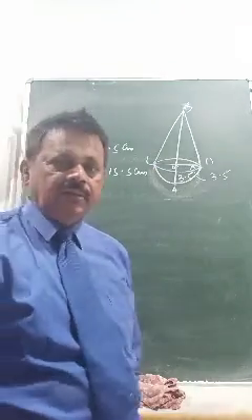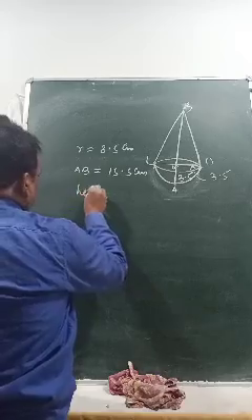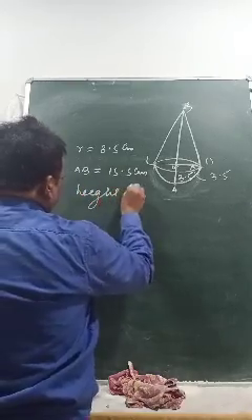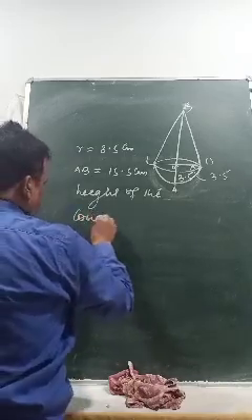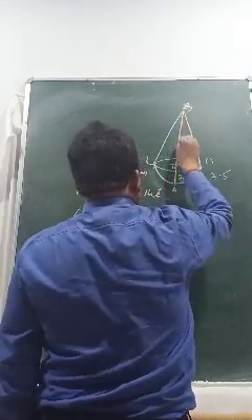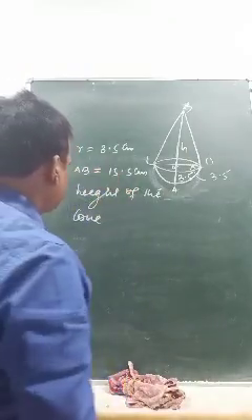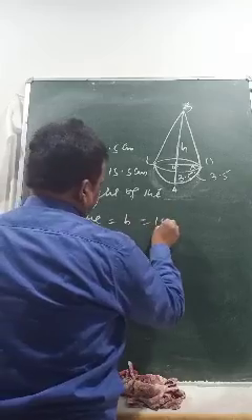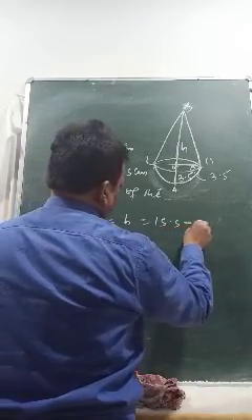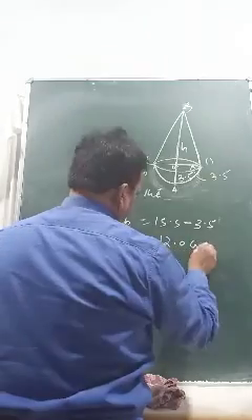Got the point? Then what is height of the cone? Height of the cone is 15.5 minus 3.5, that is 12.0 centimeter.